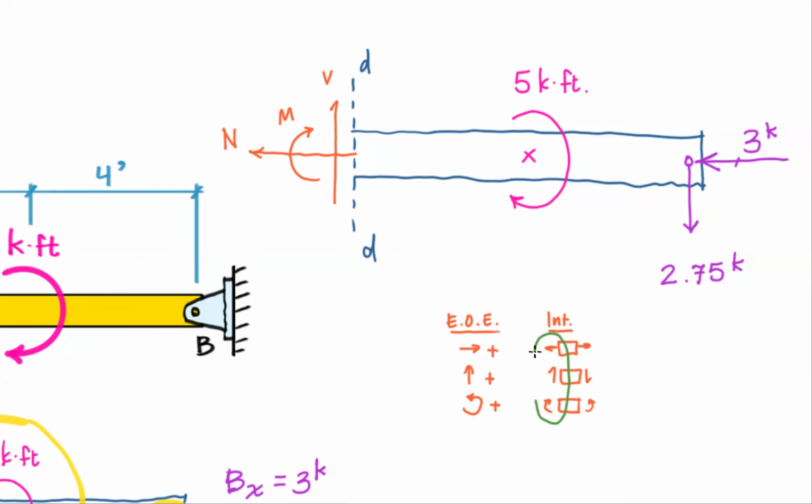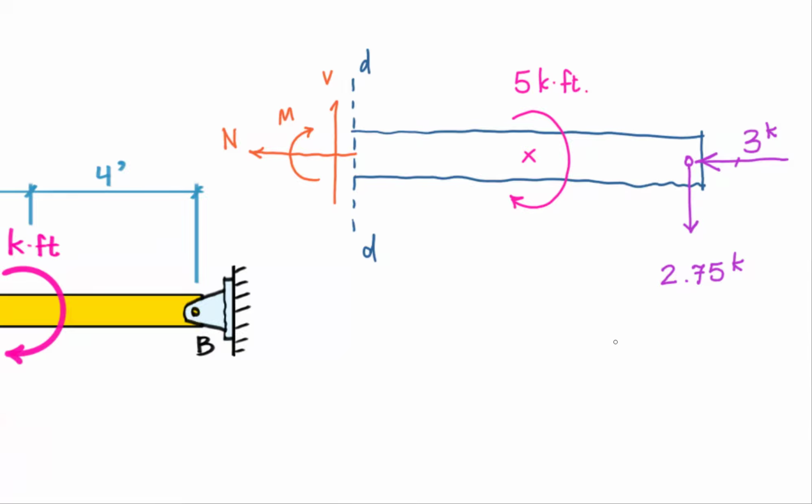So we're using this side of the plane: tension arrow away from the body, shear upwards, moment clockwise. In the same way that for our other free body, we use those for our positive direction of the internals. So take extra care to draw those correctly and always in the positive direction on your free body. All right, now that we have a free body, we are ready to go again.